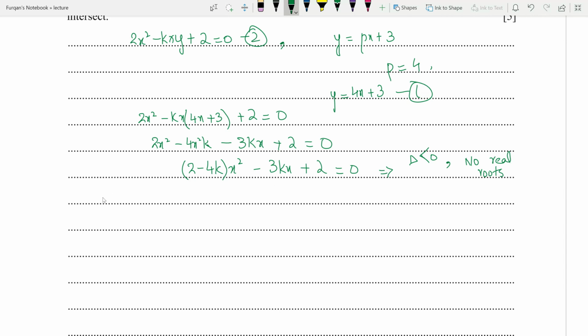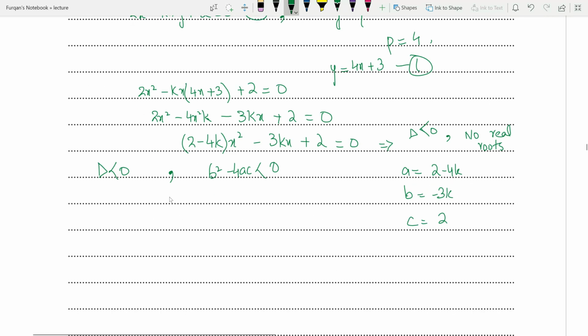We know the discriminant should be less than 0, and the discriminant is b squared minus 4ac less than 0. In this case, a is equal to 2 minus 4k, b is negative 3k, and c is 2. Plugging these values into the discriminant, we have b squared, which is negative 3k whole squared, minus 4 times a, which is 2 minus 4k, times c, which is 2, and this is less than 0.